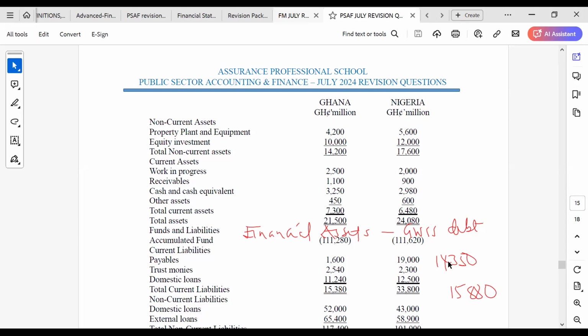We have gotten their gross debt. Please, can you mark the figures you are adding?